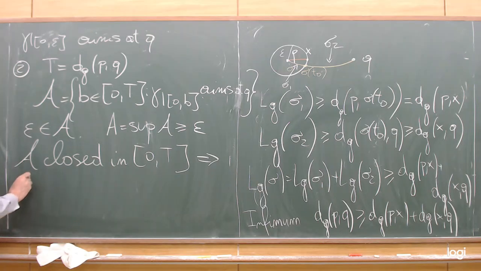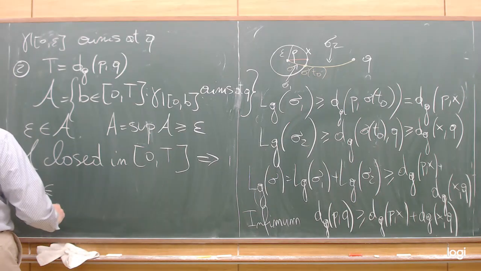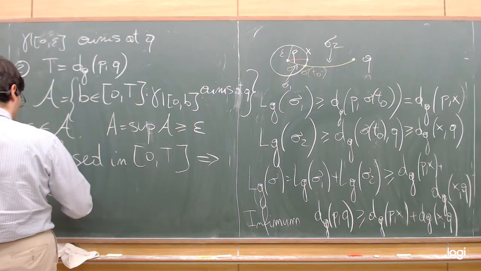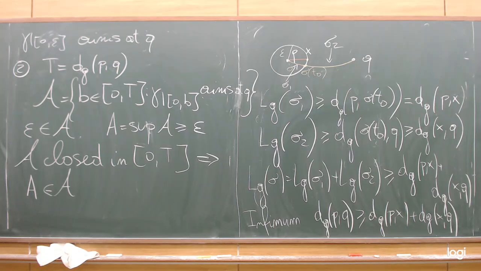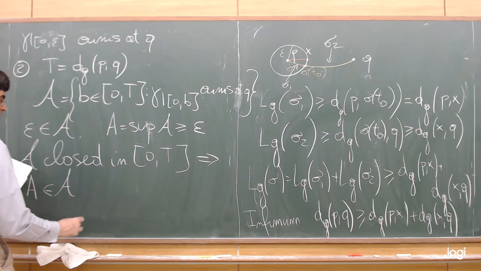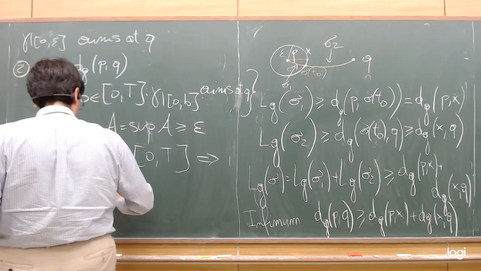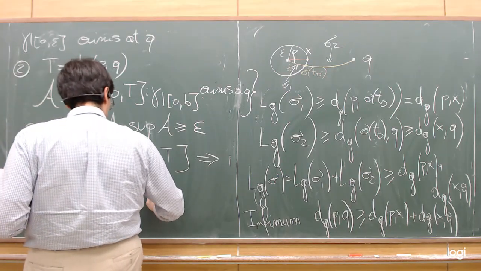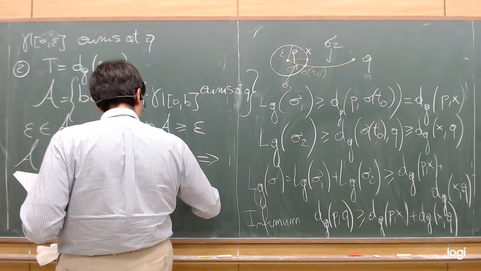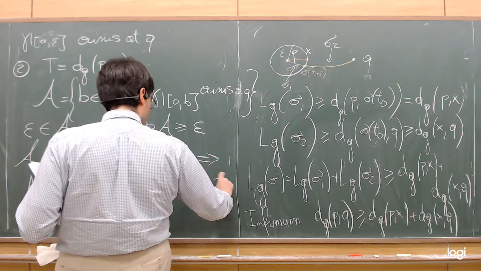This implies that A is not just the supremum but is a maximum, so this belongs to the set. What we want to do is the following: show that A is equal to T.